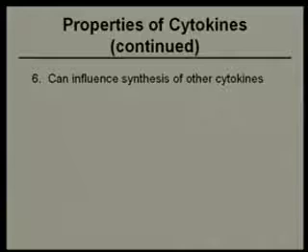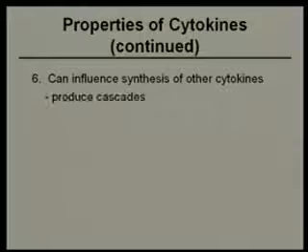Another important point here is that the production of one cytokine can influence the production of another cytokine. So if you have, for example, production of IL-2, that particular cytokine may then bind to a particular cell, activate that cell, and that cell will then produce another cytokine. And this leads to a cytokine cascade.